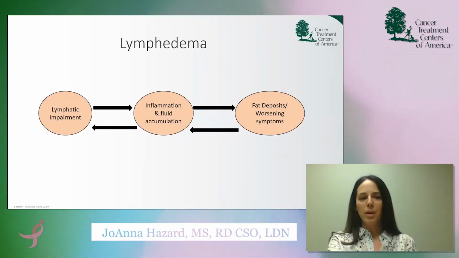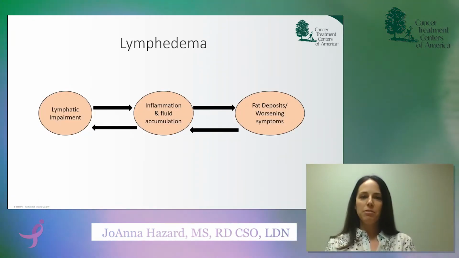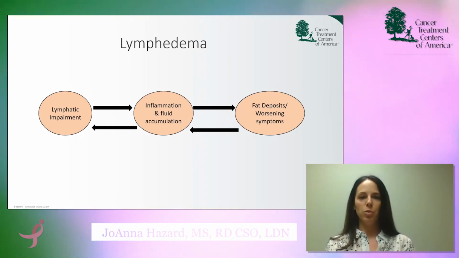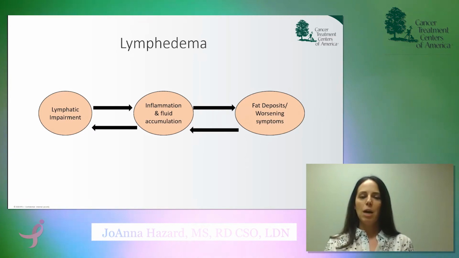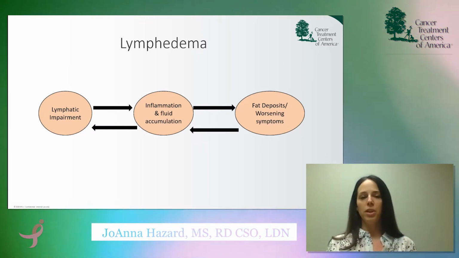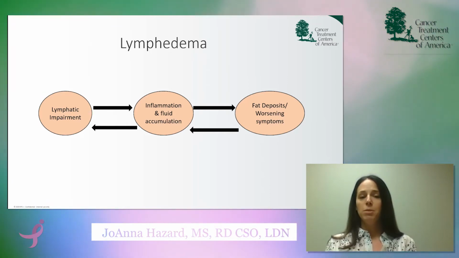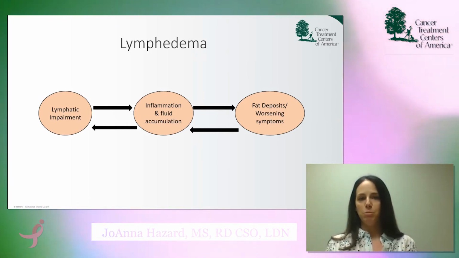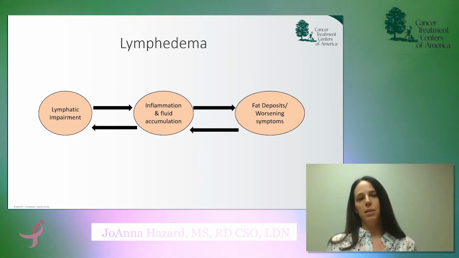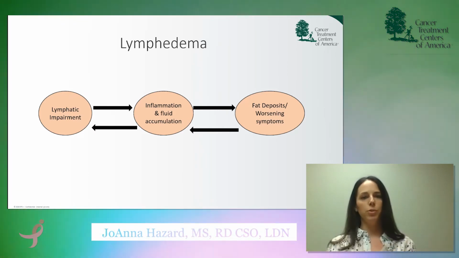So what is lymphedema? It's an inflammatory condition, and many people don't think of it as such. Lymphedema in general is commonly known as that swelling that you might see in someone's arm, or it can really impact any part of the body. But generally it occurs after there's been some sort of a disruption to the lymph nodes or the lymphatic system. And the lymphatic system circulates fluid throughout your body.